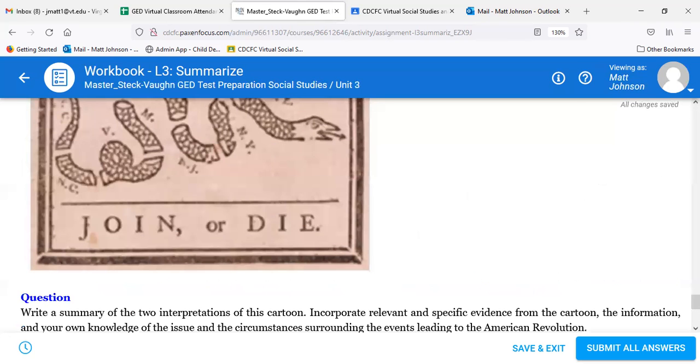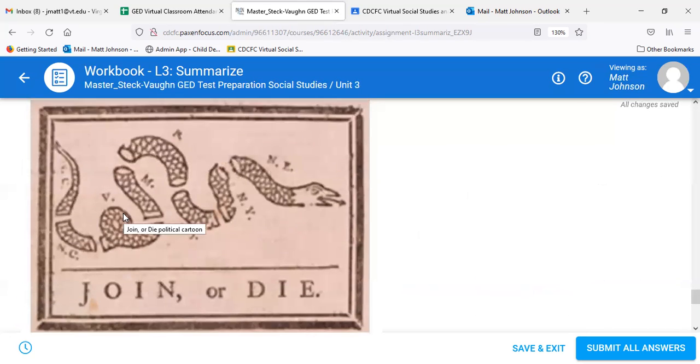I think you're right. We need to give a little bit of explanation of what the cartoon actually means, not just what Ben Franklin or the Gazette did. I don't know if he actually was the illustrator of the cartoon, but it was printed in the newspaper. So we do need to give some explanation of what they're looking at. On second thought, I think you were right there. So they risk death.